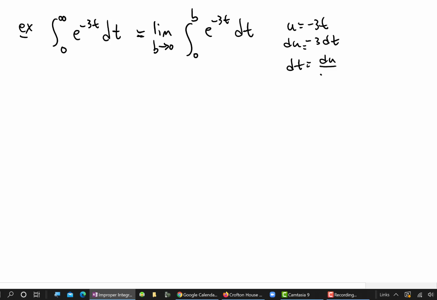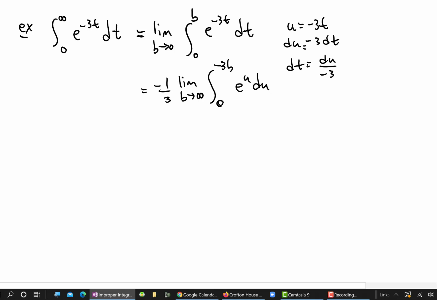And so this limit as b goes to infinity, with the substitution for dt, I can pull out the negative 1/3 to get it into du's. So I get negative 1/3 times the limit as b goes to infinity of the integral from, now I have to change the limits of integration. Those were t values, the u values are negative 3 times the t value, so the lower value becomes 0 and the top value becomes negative 3b, of e to the u du.